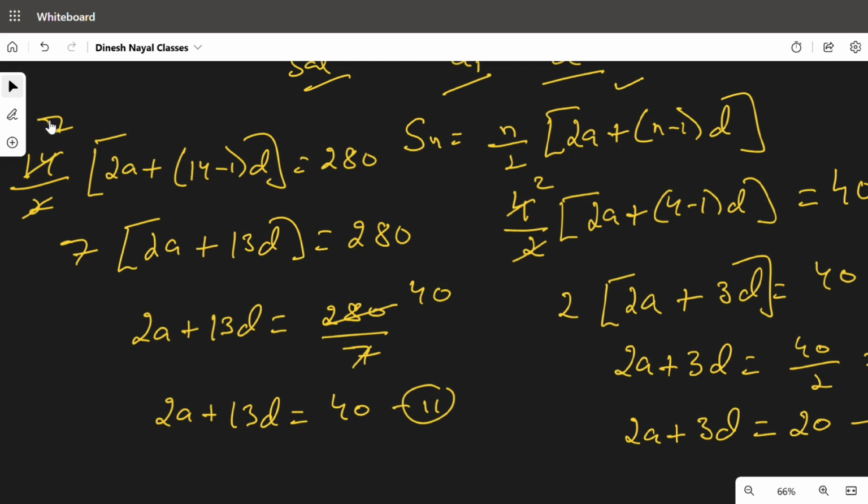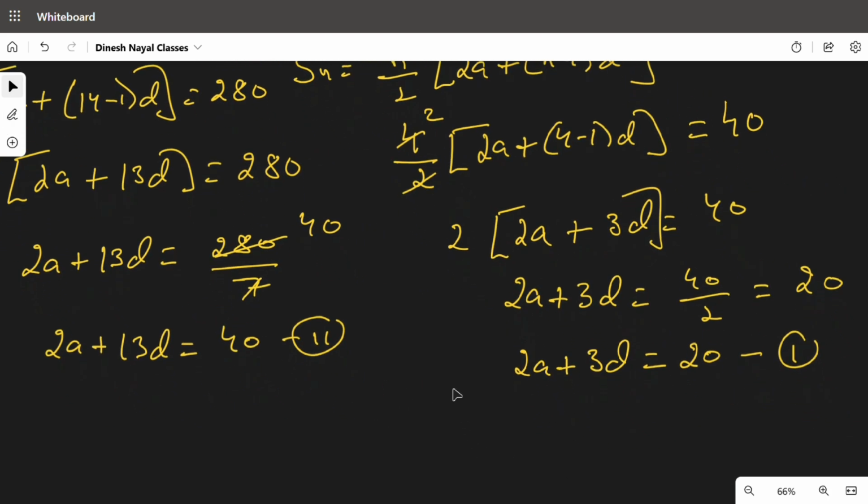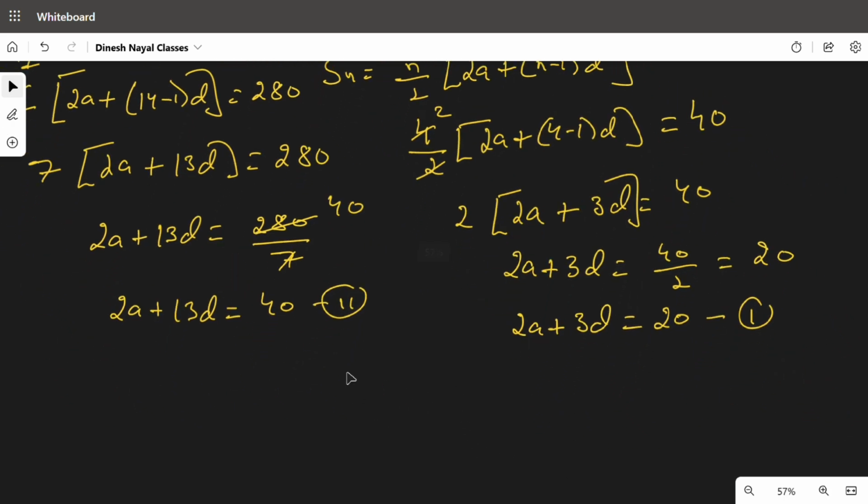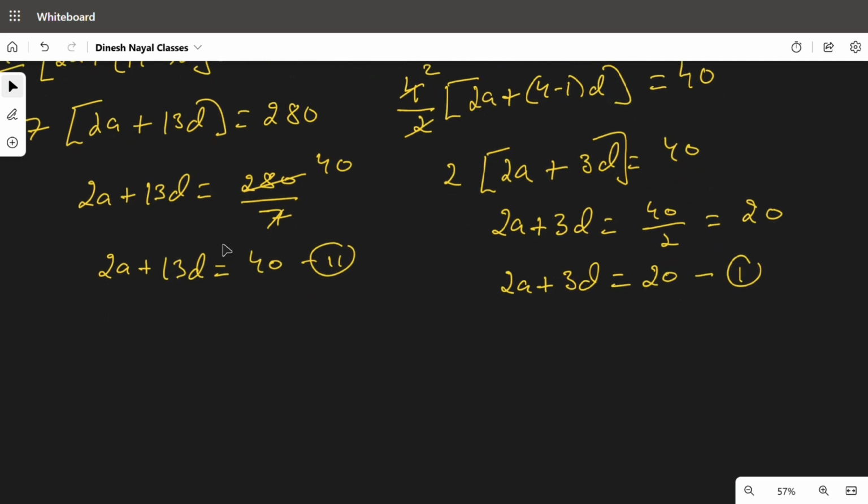So we have two equations, equation 1 and equation 2. Now we have to solve them simultaneously to get the values of a and d. Since they both contain 2a, we can just subtract them directly.